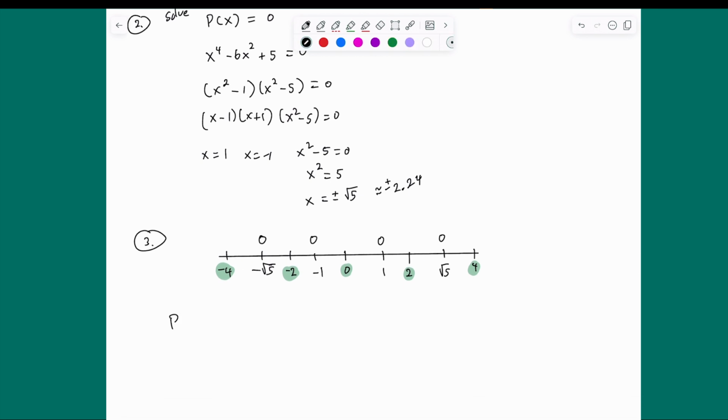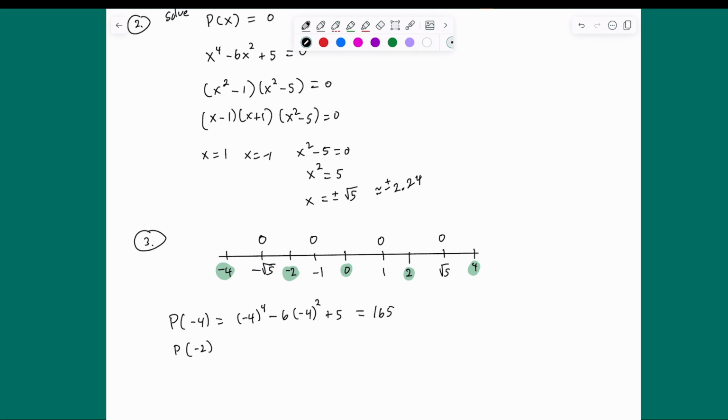All right, so we plug them into our polynomial. So for negative 4, we get negative 4 to the fourth power minus 6 times negative 4 squared plus 5. Doing the arithmetic there, we get 165.